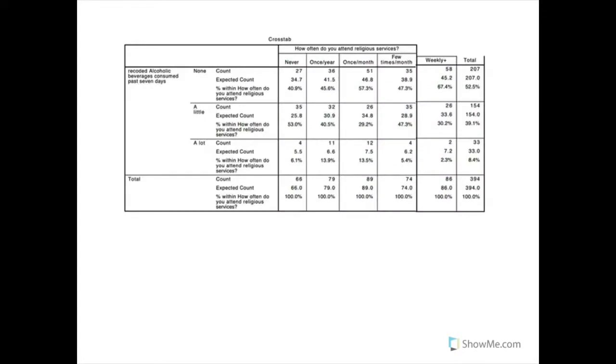So now, taking a look at our original crosstab, if you remember, there's 3 numbers in each cell. The top one is the observed frequency, the middle one is the expected, and then the last one here is the one that we are going to use for form. It's the one with the percentage, and it's the column percents. And again, if you set up your crosstab correctly, then you can use them. If you did not, if you've got your independent and dependent variable turned around, these are useless.